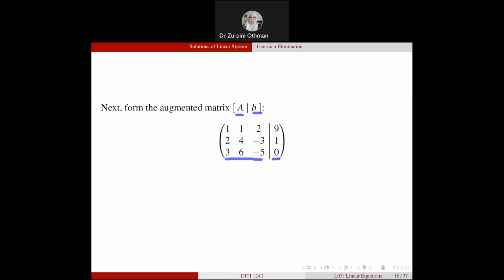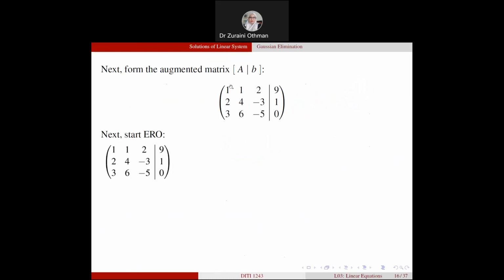Then you may do elementary row operations to get 1 0 0, 0 1 0, 0 0 1, and this value later will be your solution. We want to do operations to make this matrix become this. So let's start the operation.